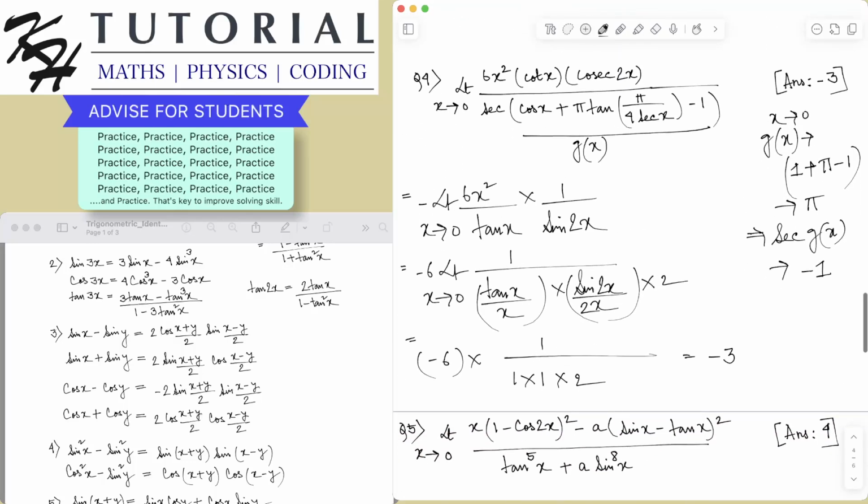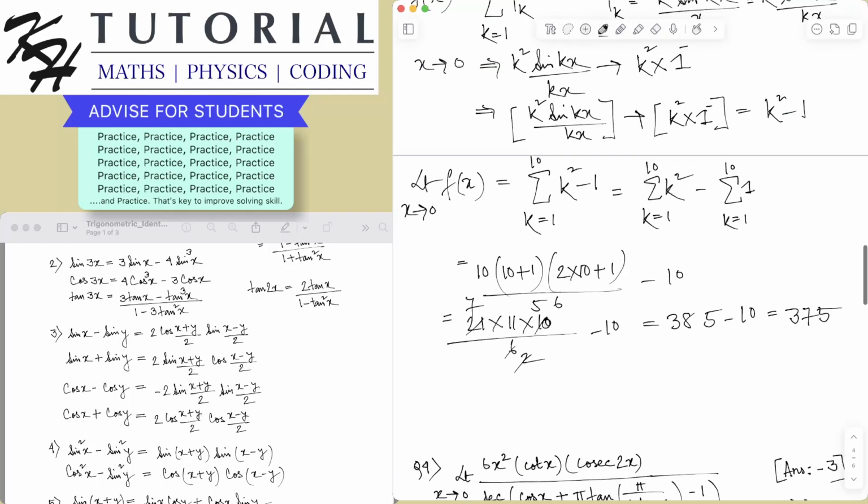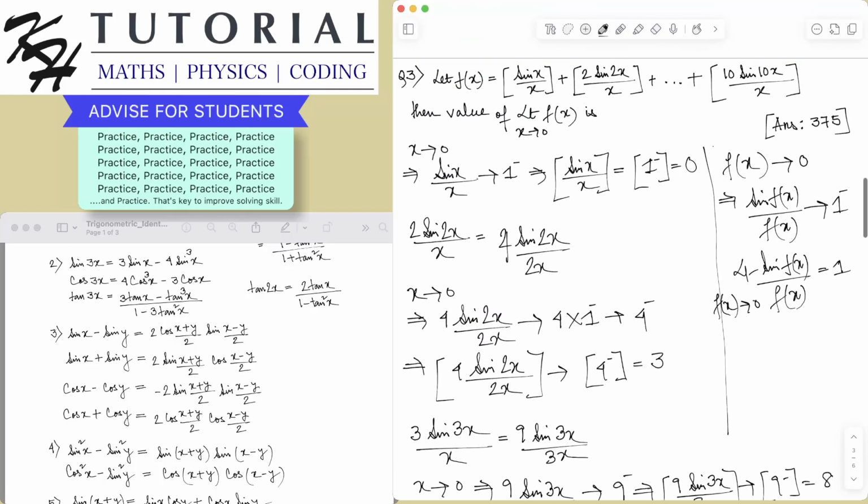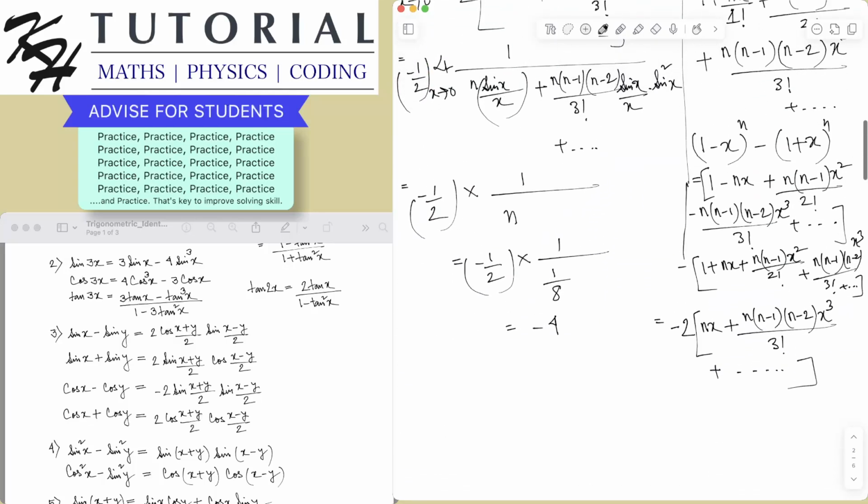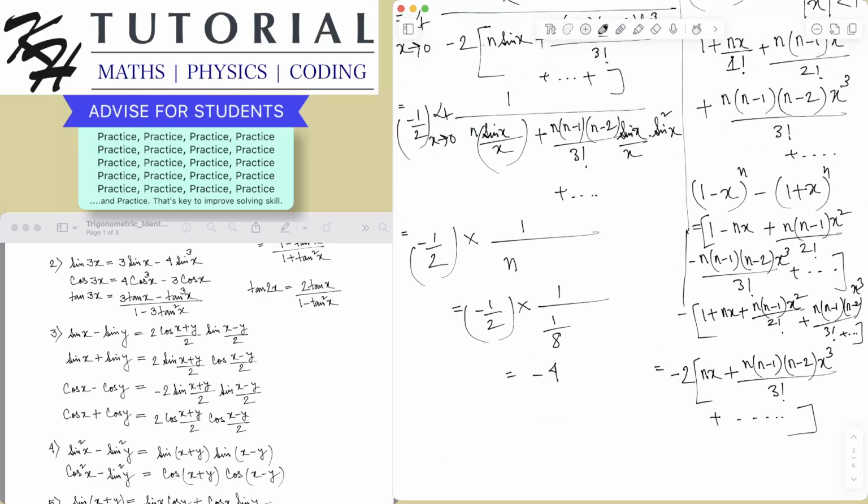So that is all for this video. I hope solving this will give you some insight and conceptual clarity on how to solve this kind of problem based on the standard results of limits of trigonometric functions. In solving some problems I used the expansion series of (1 plus x) to the power n, where mod of x is less than 1 and n is a rational number.